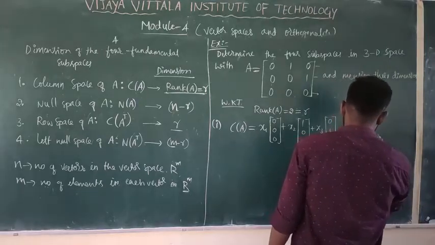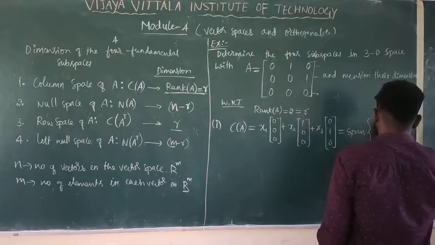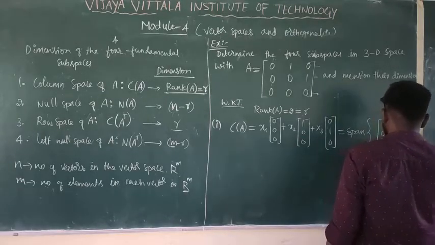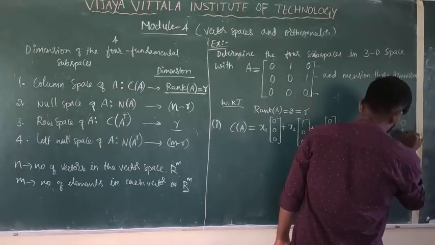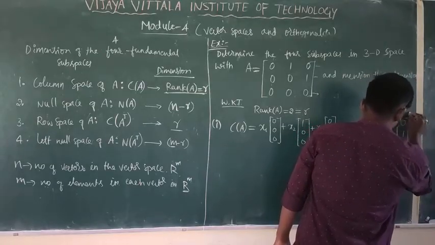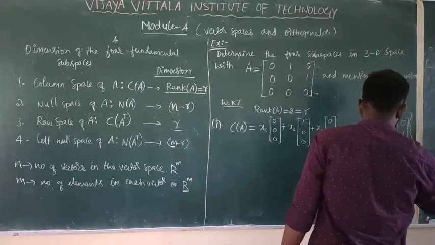The span of these two vectors: the vectors are (1, 0, 0) and (0, 1, 0). This is the column space of A.